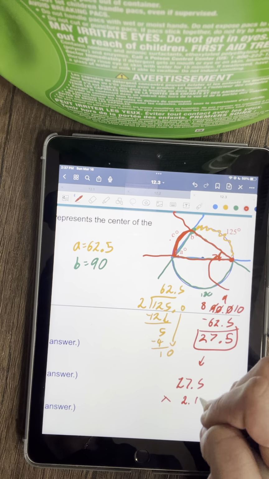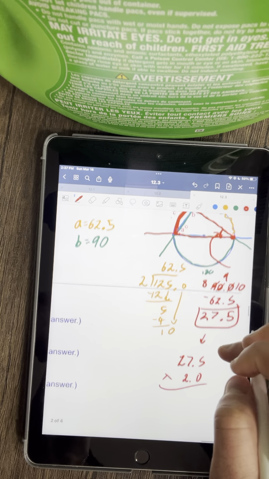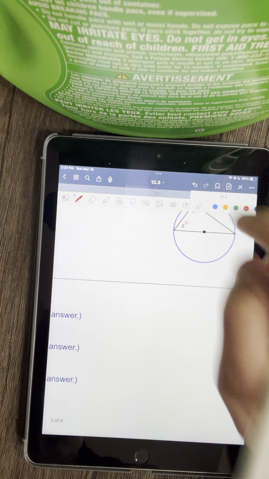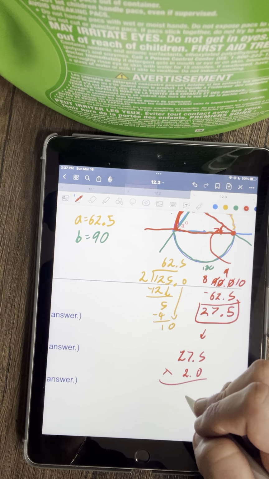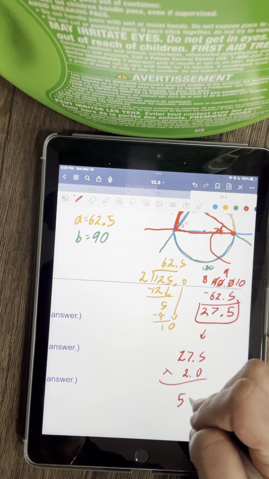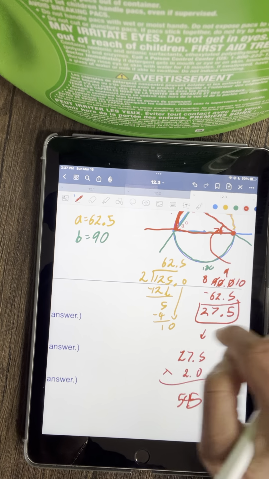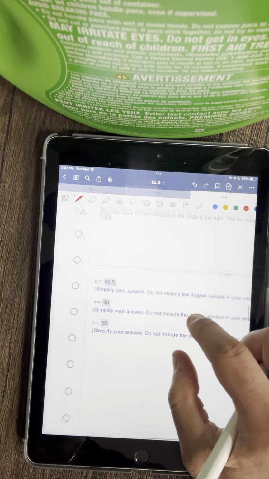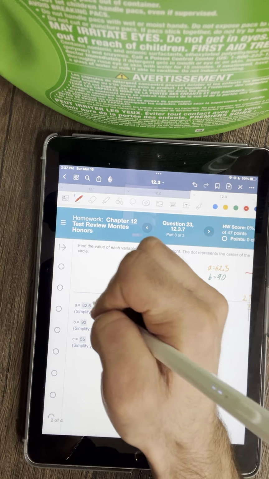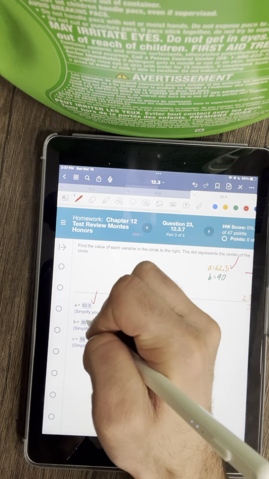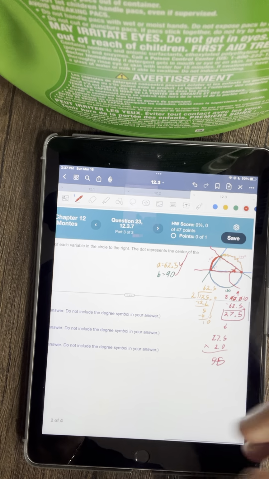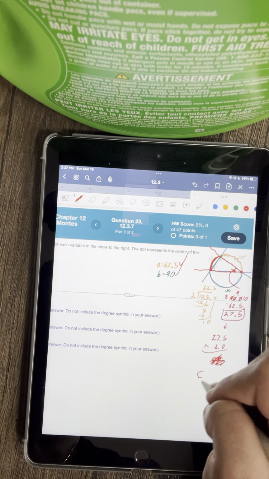So 27 times 2 is 54, plus 1, so the answer is 55. So my A was 62.5, my B was 90, and my C was 55.